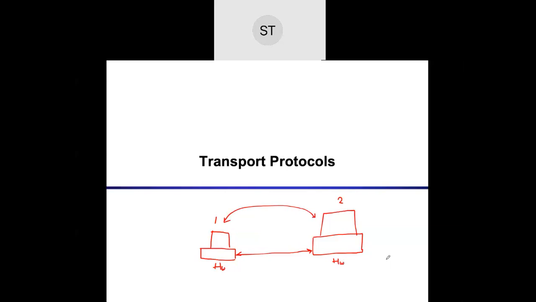Or one laptop is connected to a desktop. Looking at the physical hardware, it is not possible to define this. That's why we have to study what we are now going to discuss, which is process to process communication. Before that, can you name the servers?